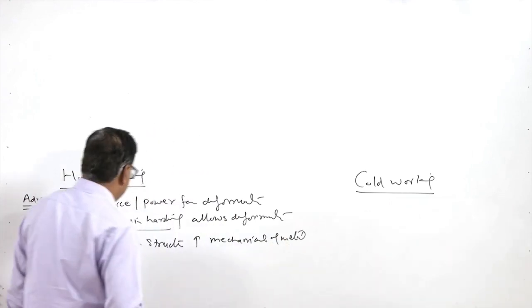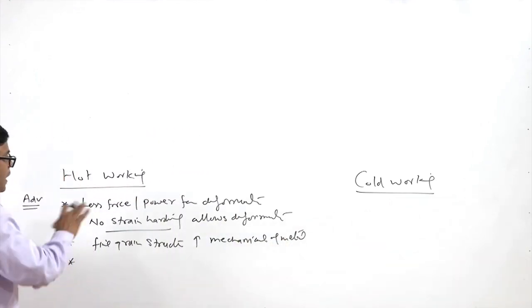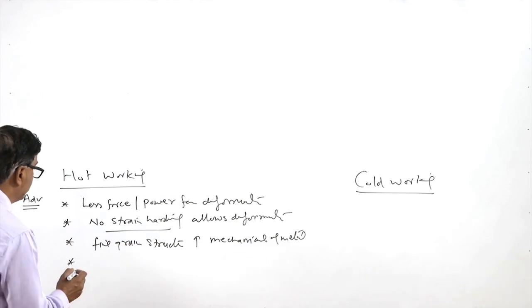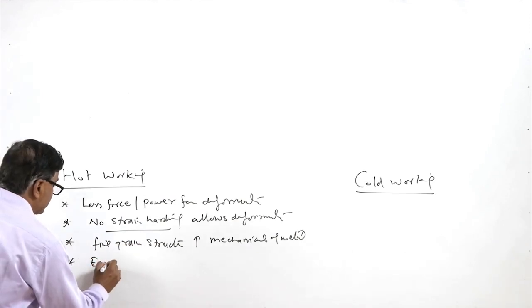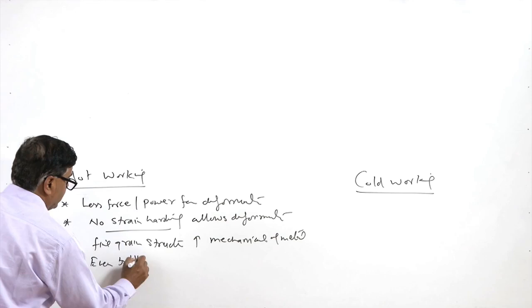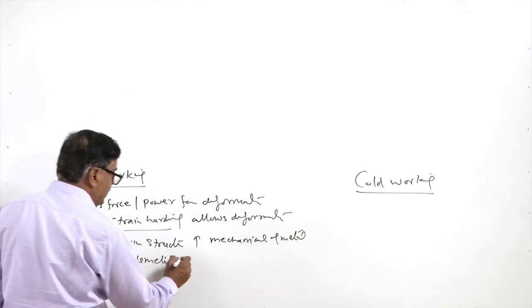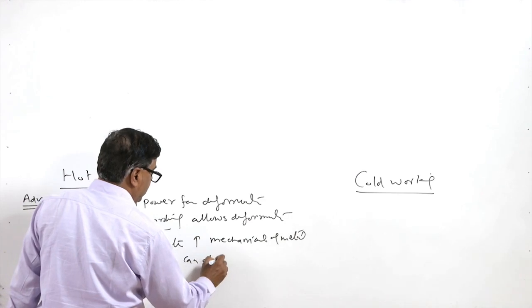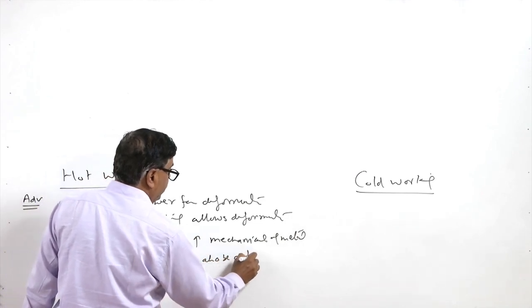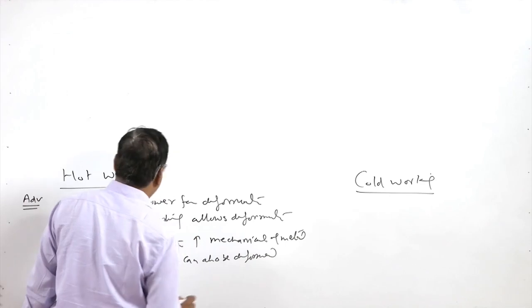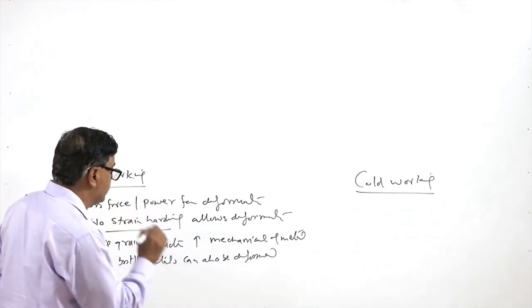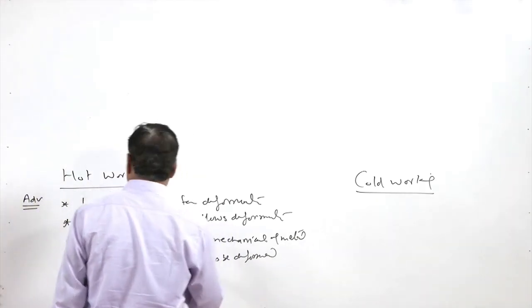Another thing, when the metal is heated to the high temperature, we find that even the brittle metals having low ductility can also be deformed using the hot working processes or using the deformation based processes.